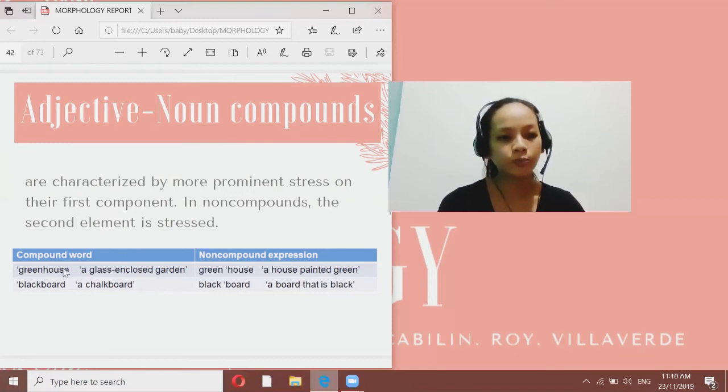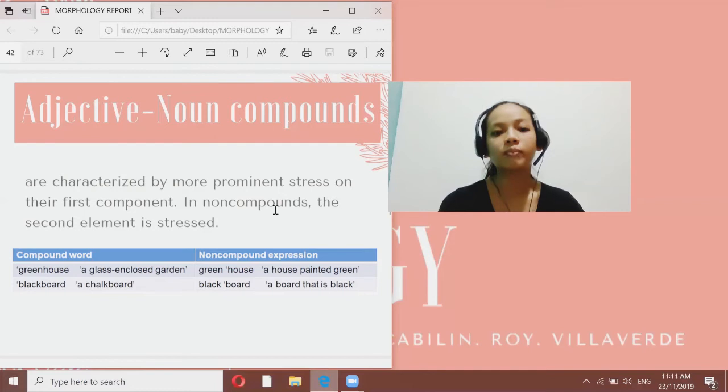So, if we put an adjective and a noun together, just like the word greenhouse, normally the stress will be on the first syllable or the first word, which is the adjective. So we say greenhouse, which means it's a glass-enclosed garden.